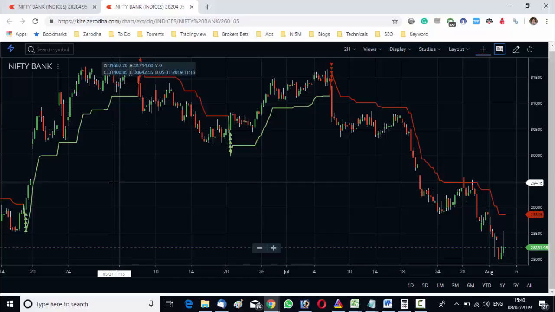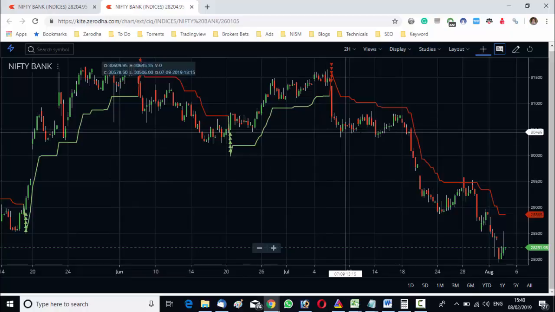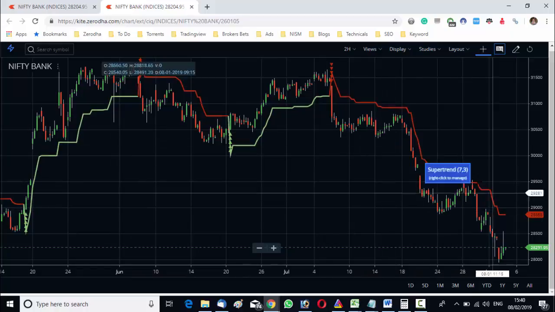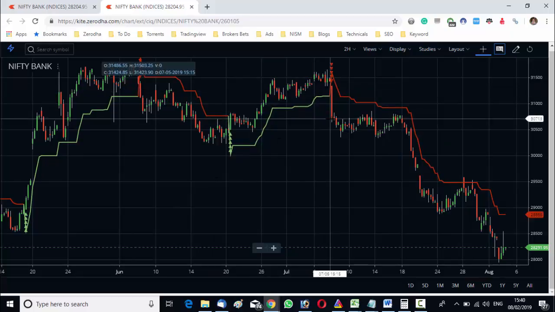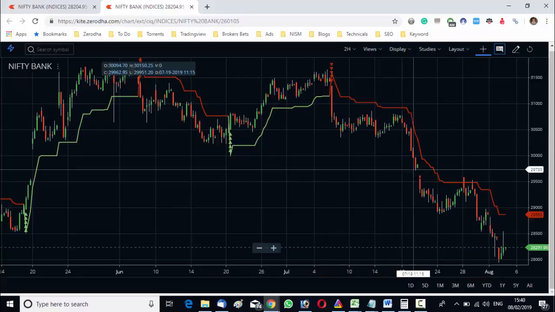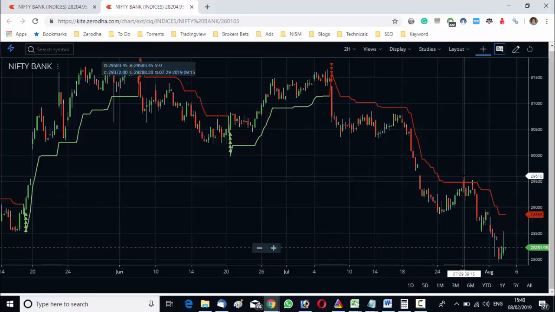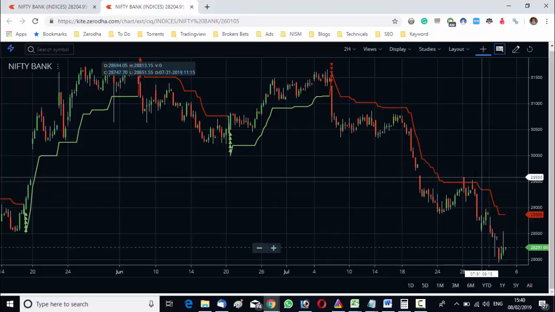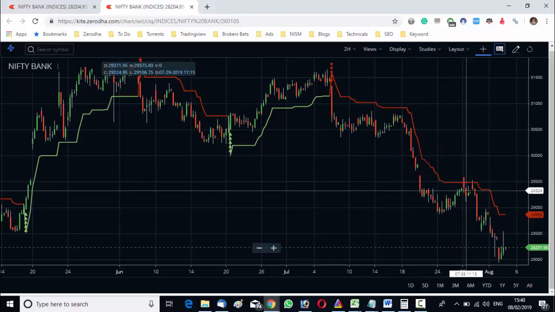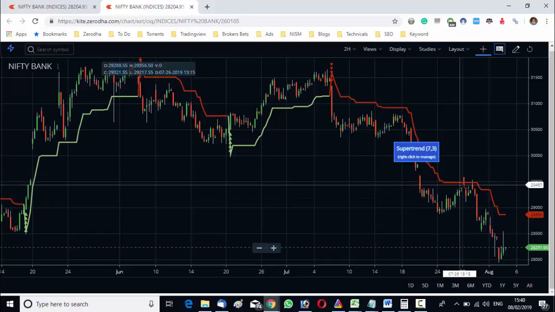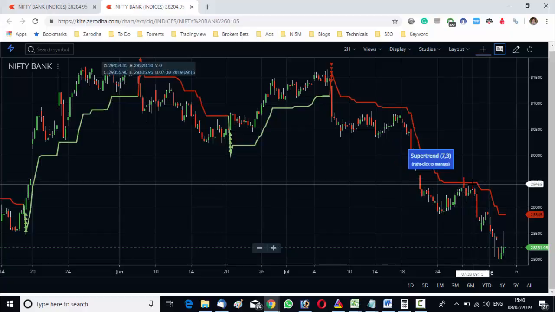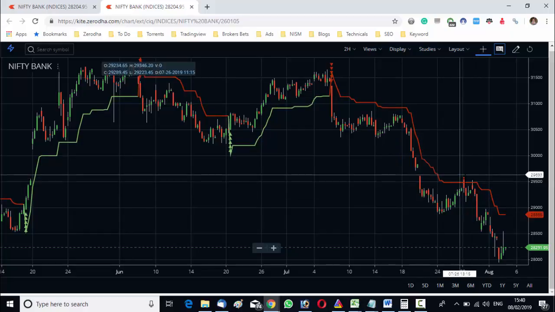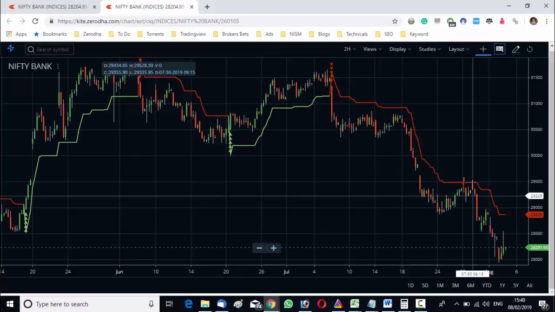Sometimes you will find the price will try to test the Super Trend line and will not sustain near the Super Trend. Suppose here the sell signal has come, the market moved down, then the market retraced, the price tried to test the Super Trend once again, but the price could not close above the Super Trend. One attempt, 2 attempts were unsuccessful, then the market reversed.